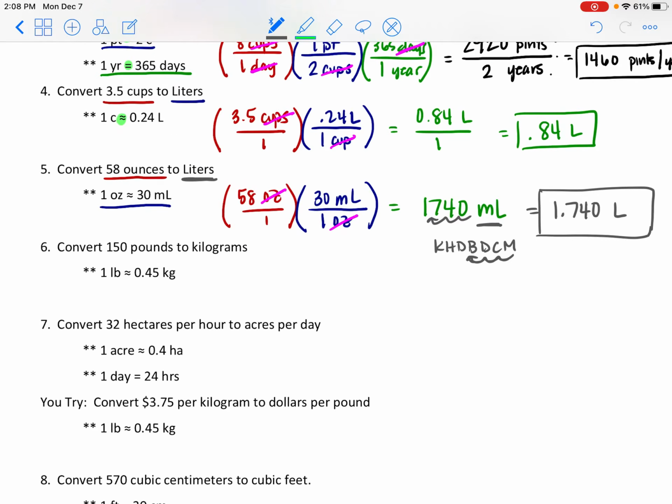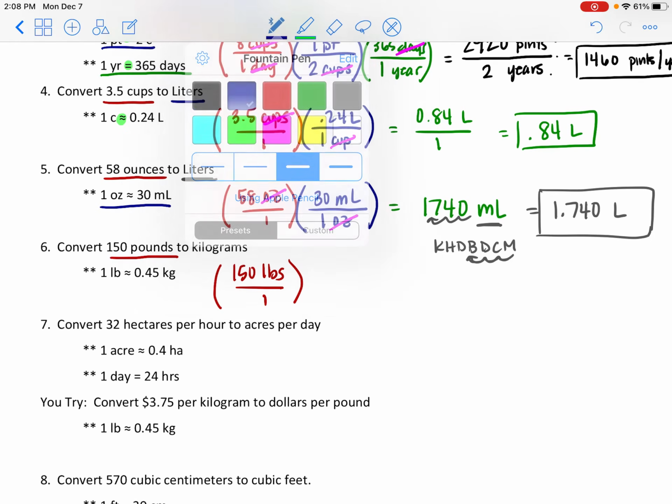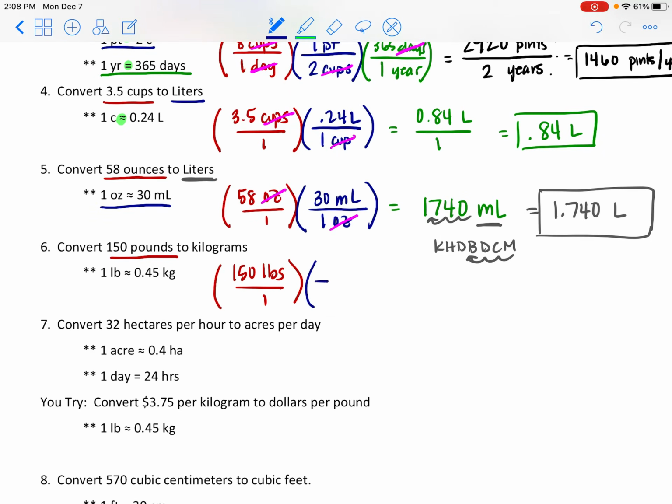Let's see. Next one. We have 150 pounds. So if you weighed 150 pounds, I'm going to put it over 1. How much would you weigh in kilograms? So we know that 1 pound is approximately 0.45 kilograms.